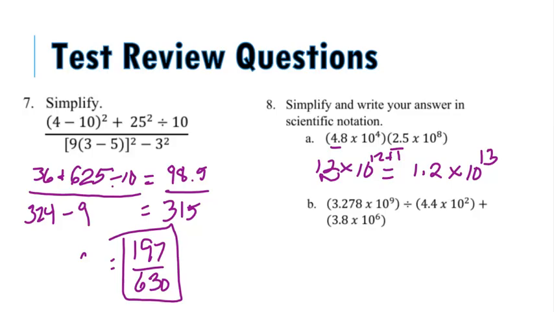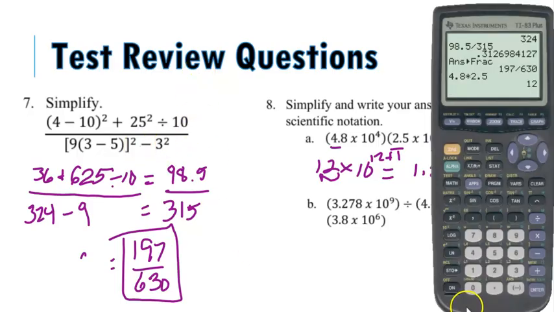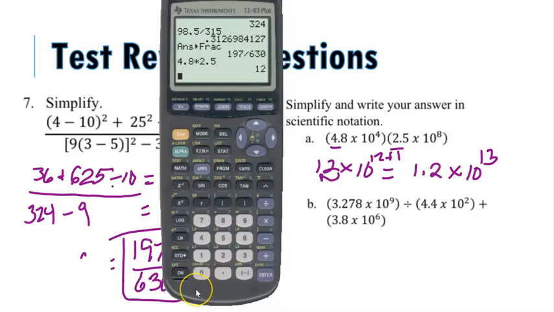And letter B, here we need to divide first. So we're going to take 3.278, grab our calculator again. So 3.278, and we're going to divide that by 4.4. And that gives us 0.745. But I want to put that in scientific notation, so that's going to be 7.45, and I lost a decimal place, so I have to keep that in mind when I do the division here.